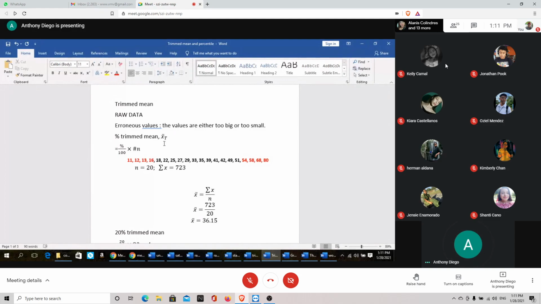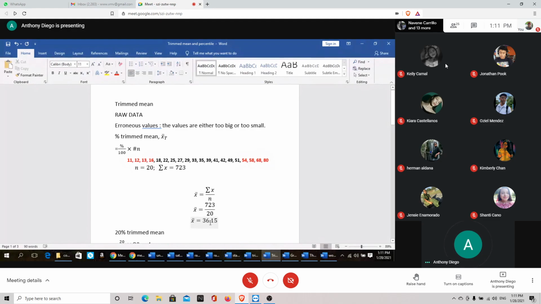Now, here we will be calculating the trim mean. But in calculating the trim mean, we also need to consider the arithmetic or the actual mean. So when we find the mean, the ratio here will be 723 over 20. That's what we will be using. And this is the actual mean here, 36.15.